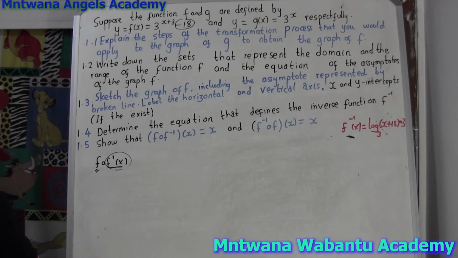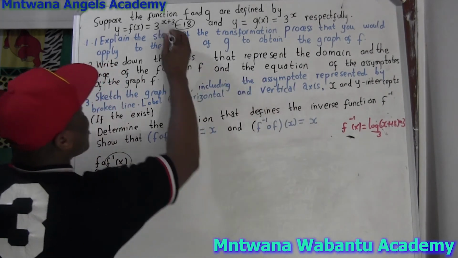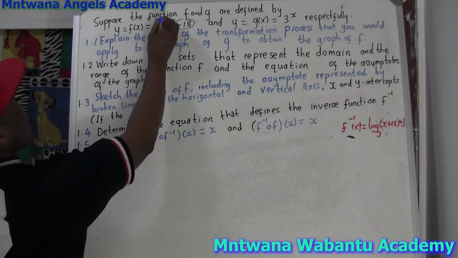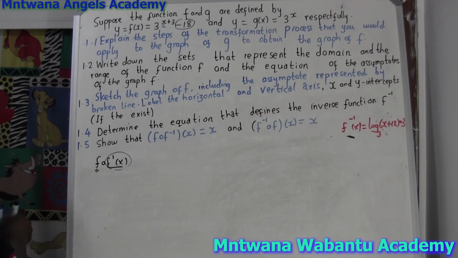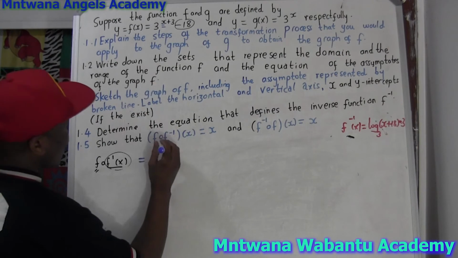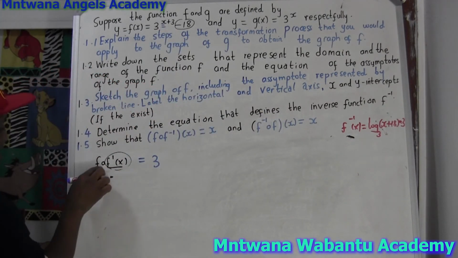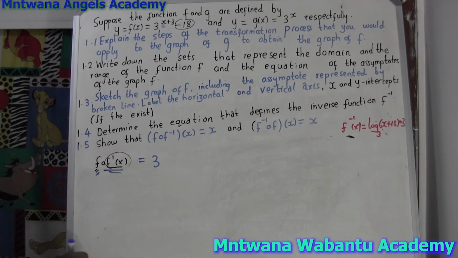Now, how does it go into the function? If you take that inverse, you put it in the position of x there, because it's inside the function.